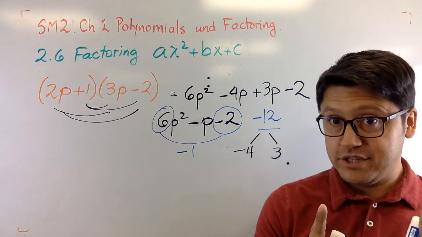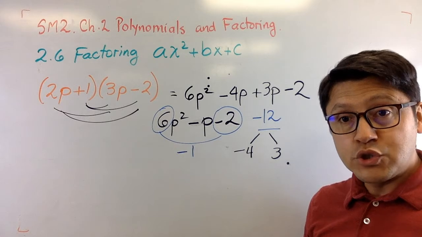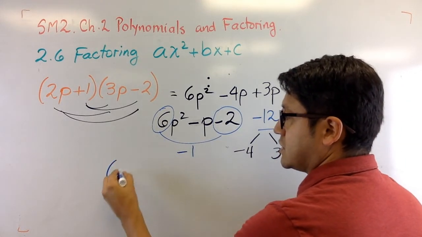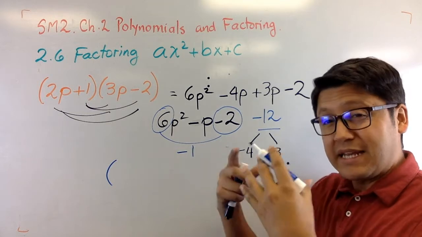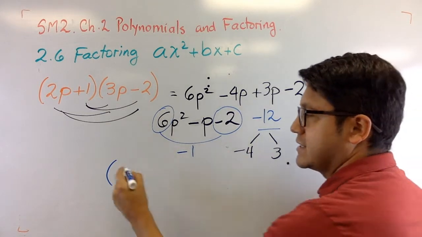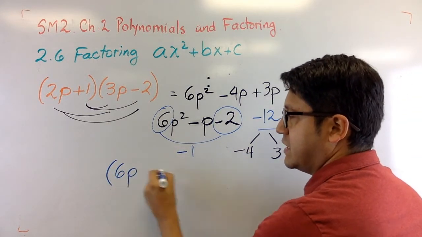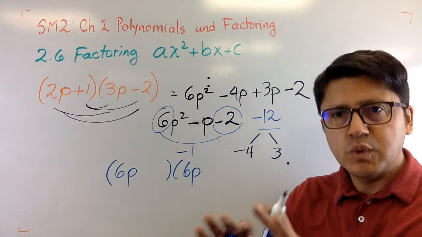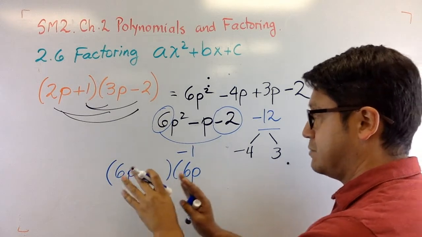So, here's the thing. What we're going to do is distribute this time. And again, just some techniques. We're going to have 6p and 6p. Believe me, just do it. We will fix it, right? 6p, and 6p.